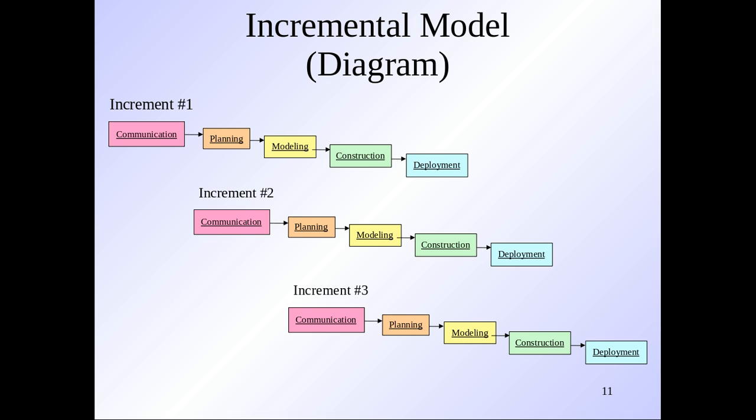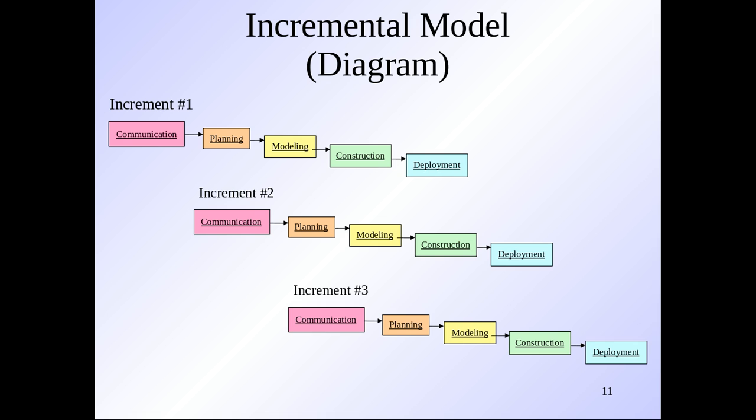Okay, so we will discuss the activities. In communication, it understands the business problem and information for the software. In planning, since various teams work together on different modules simultaneously, planning is an important part of the development process cycle.